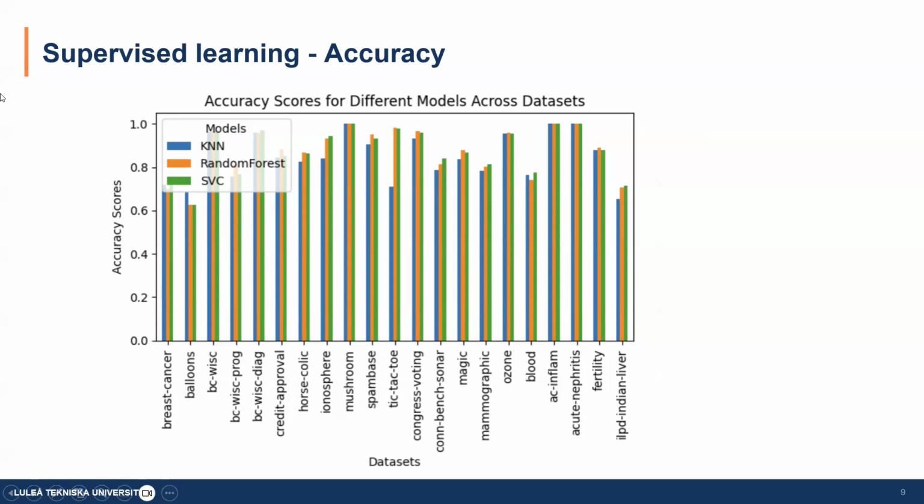Accuracy measures the proportion of correct predictions out of all predictions, but it can be misleading if the classes are imbalanced. So that's why we also check the recall, precision, and F1 score of the datasets.